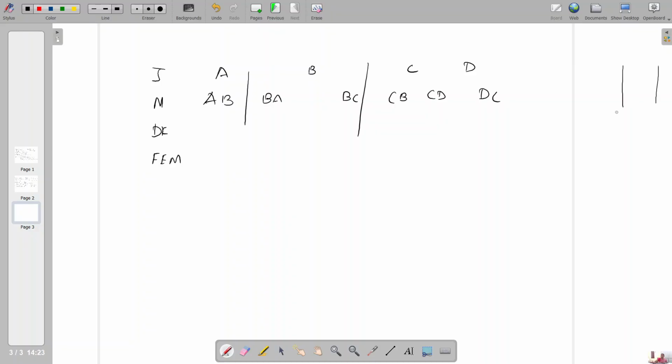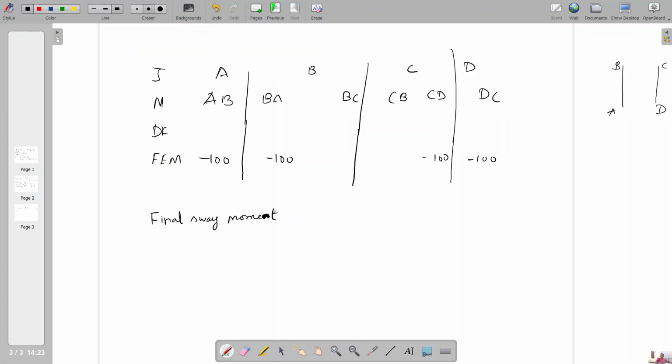I am considering MAB bar, MBA bar, MCD bar, and MDC bar equal to minus 100. So you substitute minus 100 here, minus 100, minus 100 and minus 100. So you keep these as the fixed end moment values, and continue the process to get the final sway moment. If you continue the process of iteration, you will get some moment finally. That is the final sway moment.